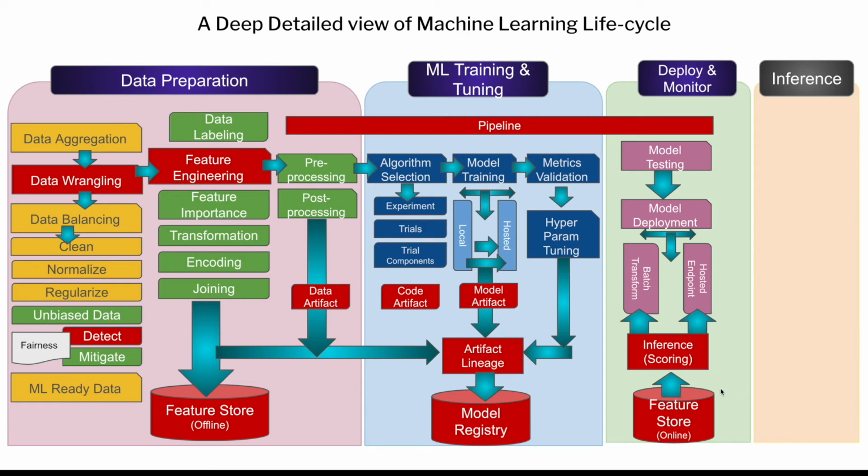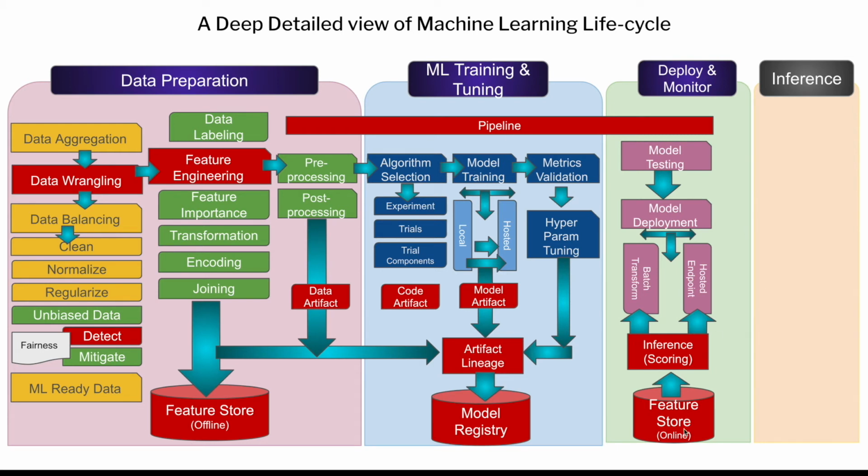This new incoming data also needs to be transformed so that it's almost identical to the data which was used for machine learning training. It means that if you are not going to have the online feature store for the inference, you need another process where you could take that incoming data and perform the data wrangling and required feature engineering as needed.